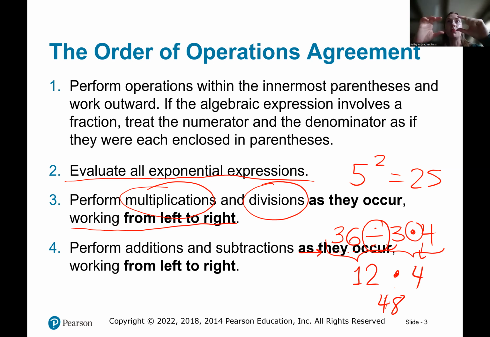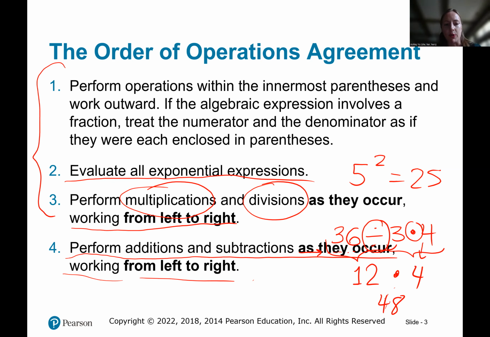And then once all the multiplication and division is done and simplified, the last step would be, at this point, you might have just one number, so you're done. But if you have more operations, all that should be left is maybe adding or subtracting, or both. If there's more than that, maybe you didn't simplify something in steps 1 through 3 up here. And same thing with adding and subtracting, just add or subtract from left to right.